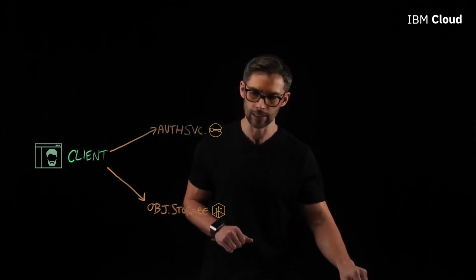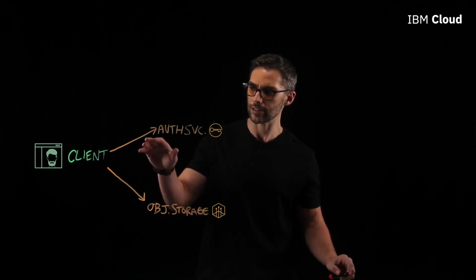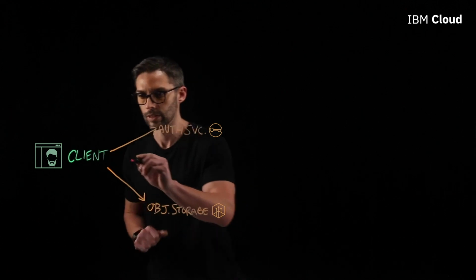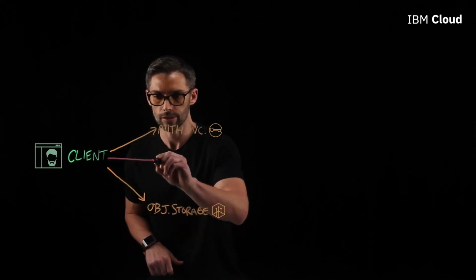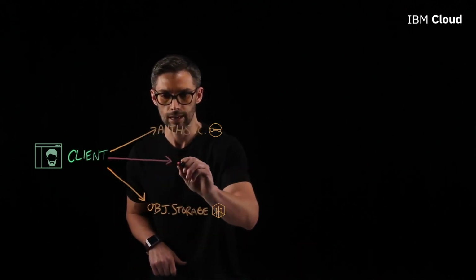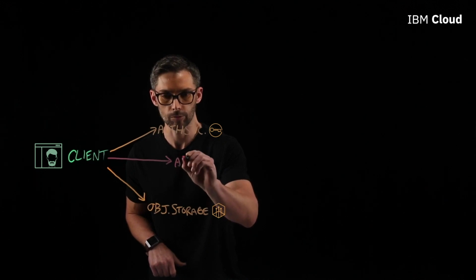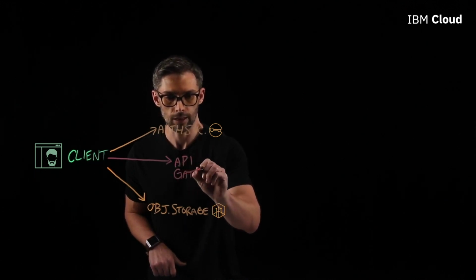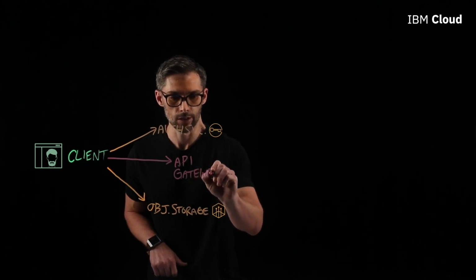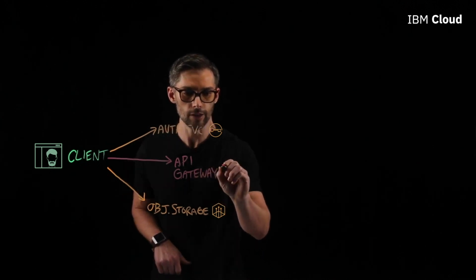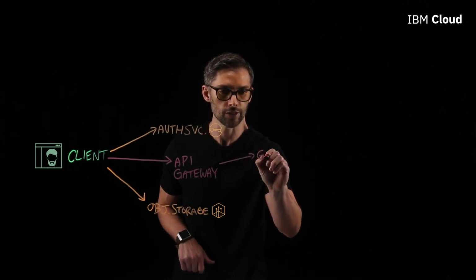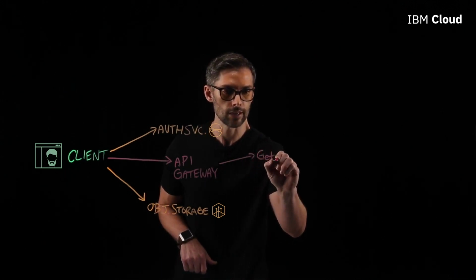but now let's take a look at functions as a service. And let's say that the client needs to get their account. So we'd have another request come, and this would interact with what we call an API gateway. And this API gateway would then invoke a function, and we'll call this function get account.